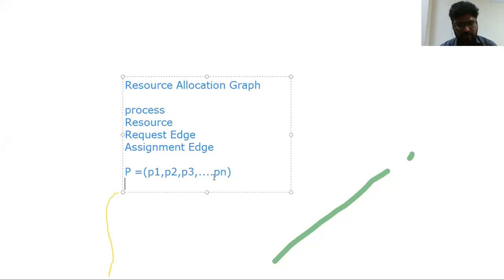So the process is a set of processes. Instead of putting this bracket, you put curly braces. That is the perfect way of representation. Here I can't use the curly braces.